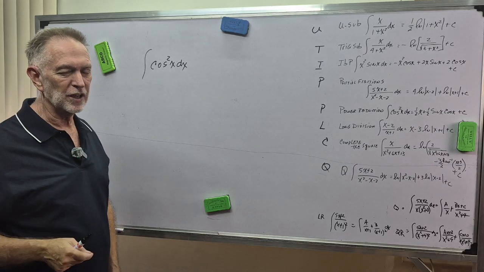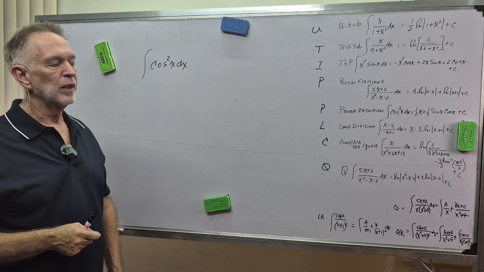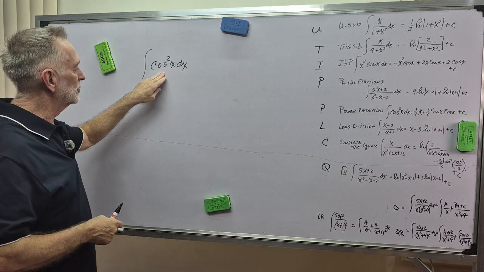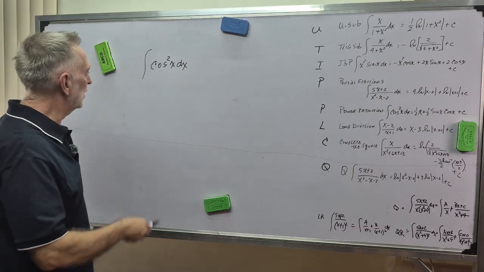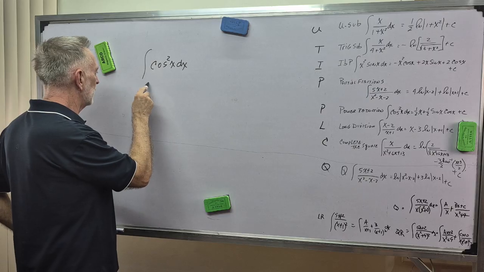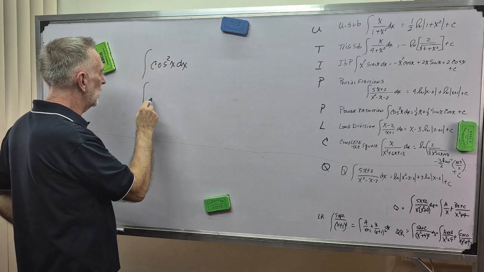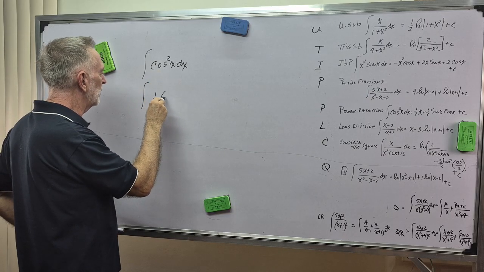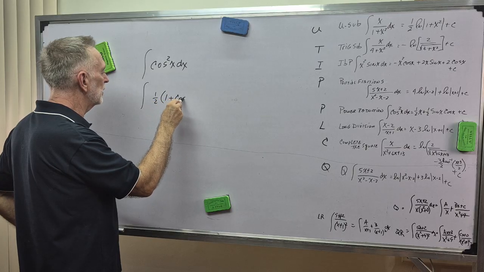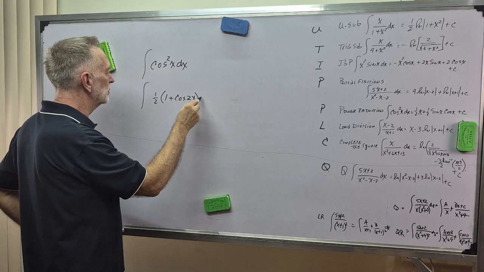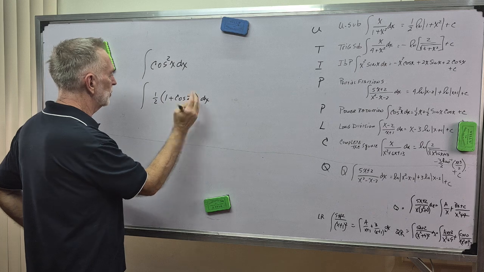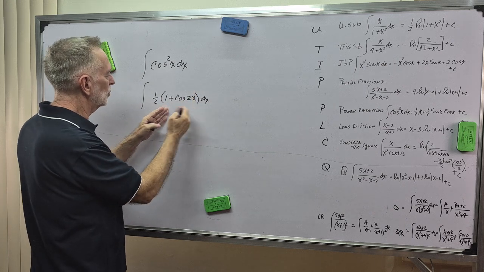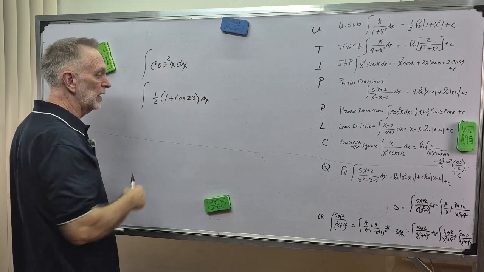How do you integrate that sine squared term? Okay, in this case, I utilize a trig identity that's a power reduction, because cosine squared is 1/2 times 1 plus cosine 2x dx. So this 1/2 times 1 plus cosine 2x, that is cosine squared.